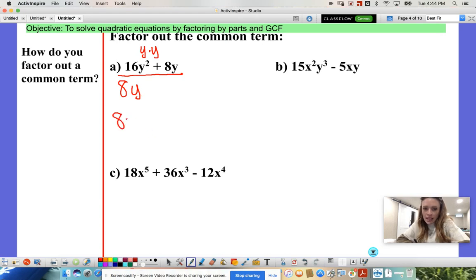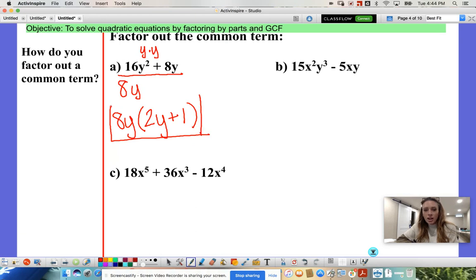So we're going to take an 8y out, or divide an 8y out. And now we have 2y plus, well, 8y divided by 8y is just 1. Okay, and if I'm not sure about my answer, I can always FOIL it back out, or in this case, just distribute it back out to here and get the same thing up here.